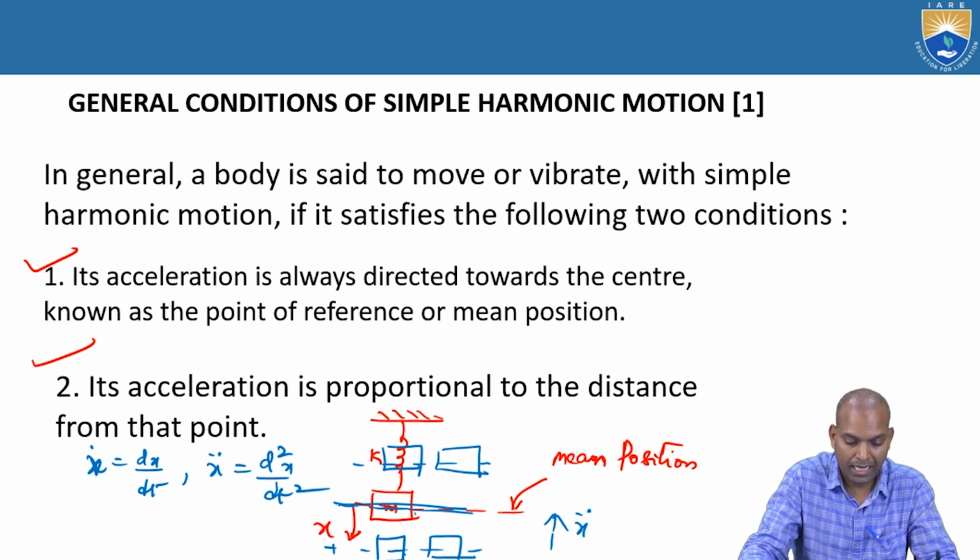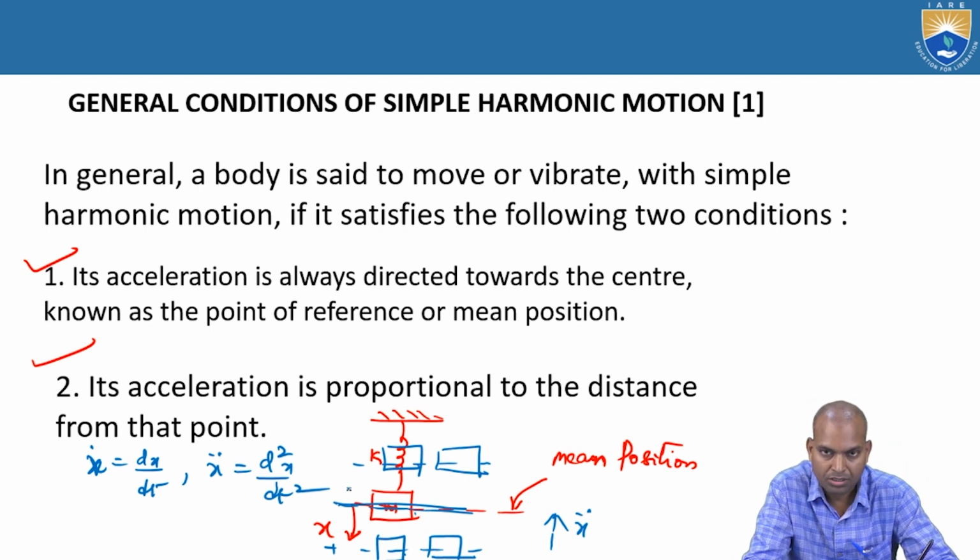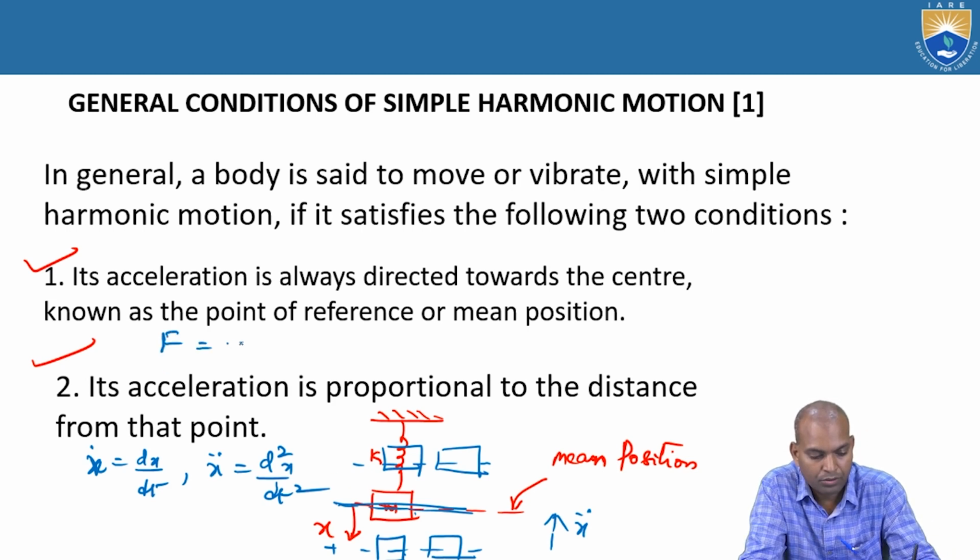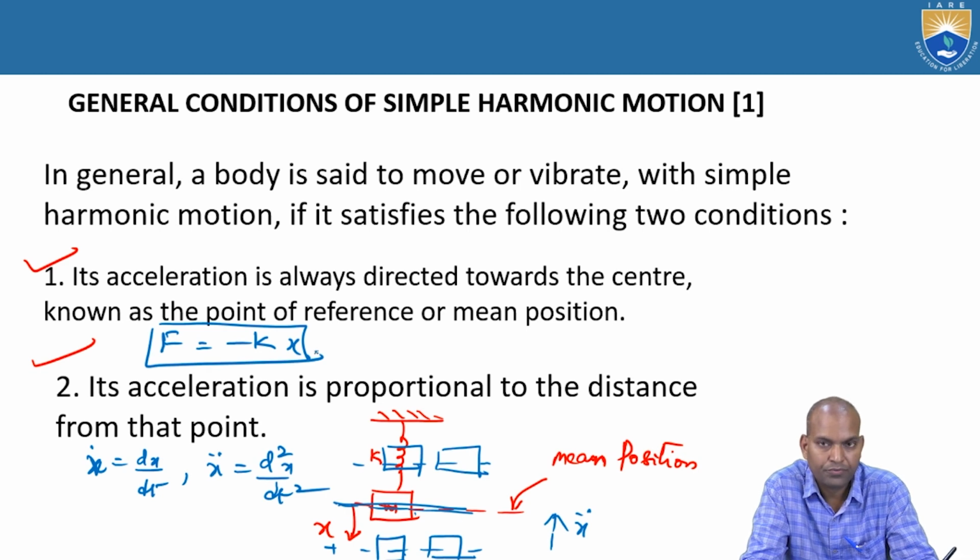Now, the elastic force which acts to come back to the mean position, F, equals minus K times X. The stiffness force, elastic force, or restoring force is directly proportional to X, the displacement.